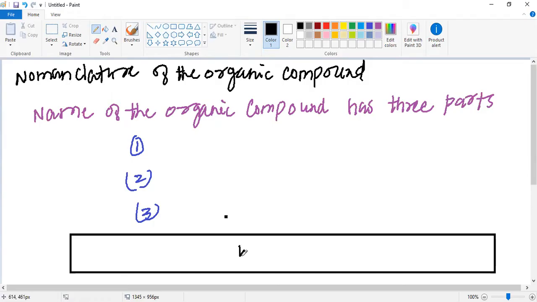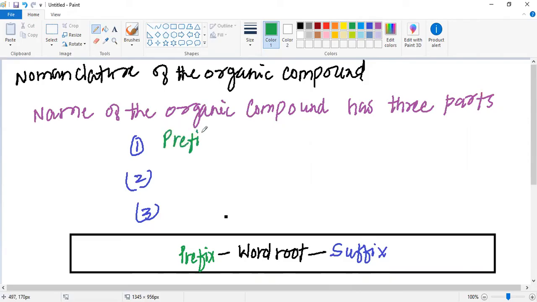The most important part is known as the word root. This word root has got prefix as well as suffix. So these are the three major parts of the name of the organic compound.